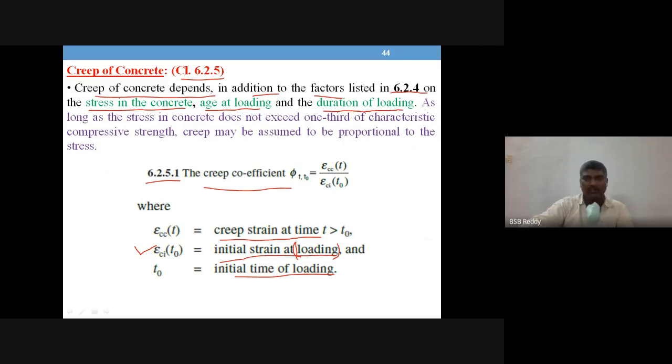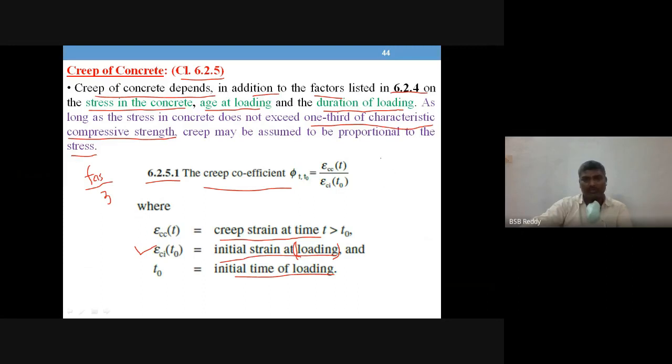These three are additional parameters in addition to 6.2.4. As long as the stress in concrete doesn't exceed one third of the characteristic compressive strength, that means fck by 3, creep may be assumed to be proportional to the stress.